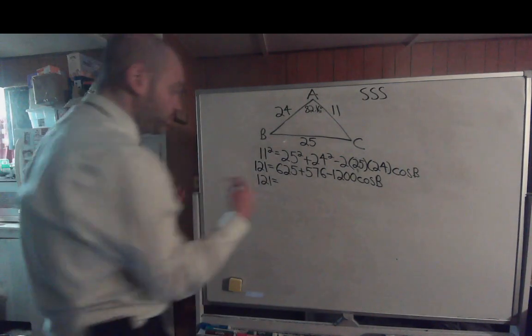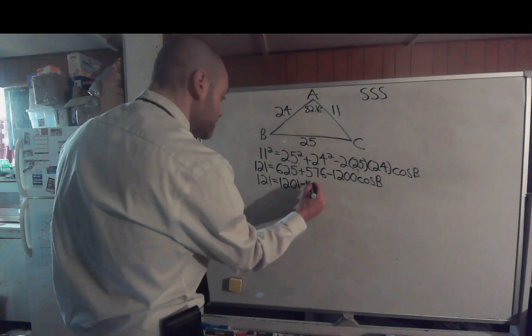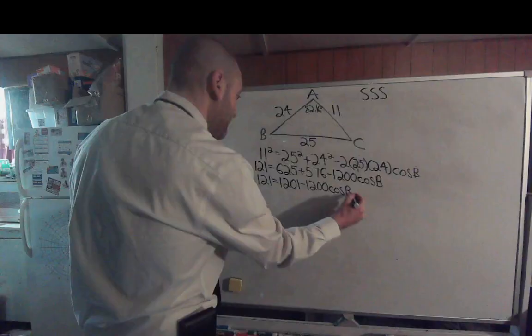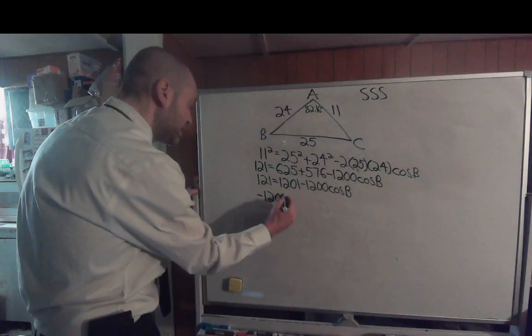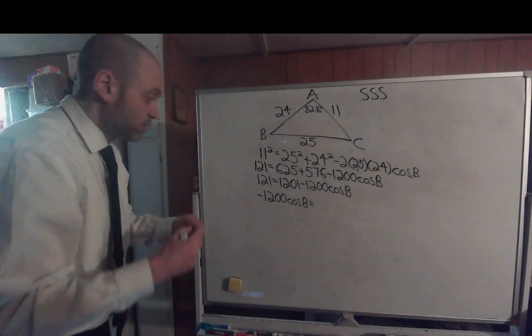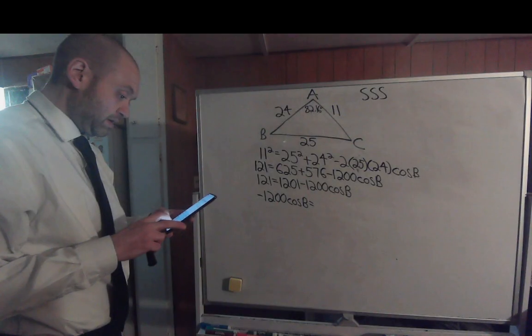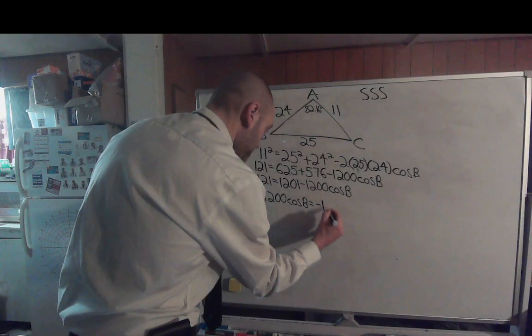Wow, so 121 equals 1201 minus 1200 times the cosine of B. So that means now that negative 1200 times the cosine of B is going to equal, let's take 121 minus 1201. That would equal negative 1080.